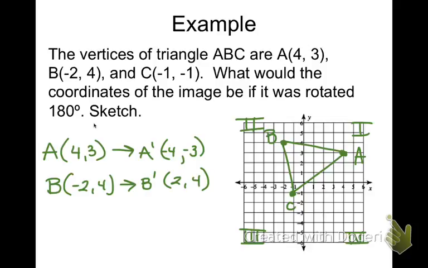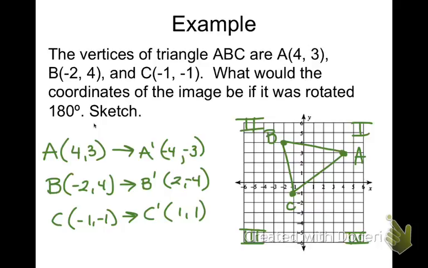In quadrant 4, it's positive, negative. So your 4 is going to become a negative. Point C, negative 1, negative 1, is in quadrant 3. Take it to quadrant 1. So it's going to be positive 1, positive 1.